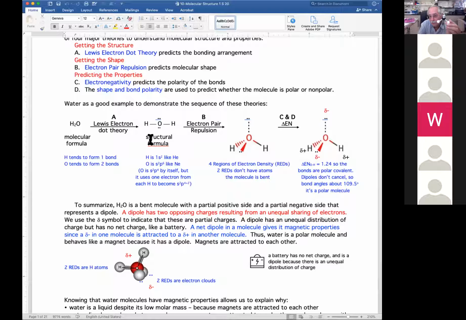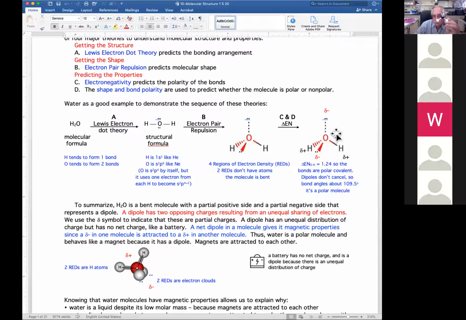And then when we apply the difference in electronegativity, we see that the oxygen to hydrogen bonds are polar covalent bonds. That means that they affect properties of the molecule. The electrons are not shared equally.